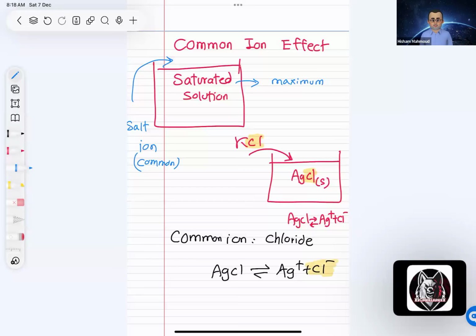The system will try to form more of the AgCl, so it will go to the left more and form a precipitate of silver chloride. The KSP of this solution is already very low, and its solubility is very small. So you put more of the Cl minus, more of this common ion, and it moves to the left, the solubility decreases, and it moves towards precipitation.